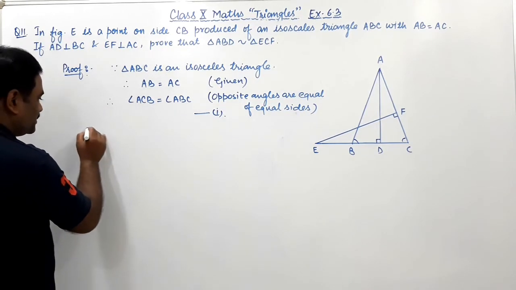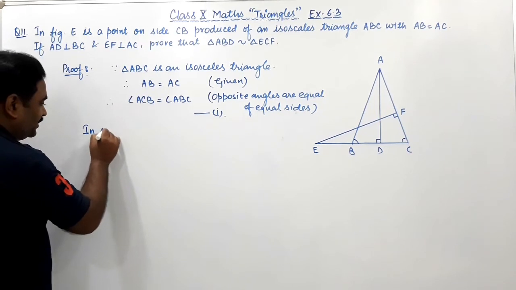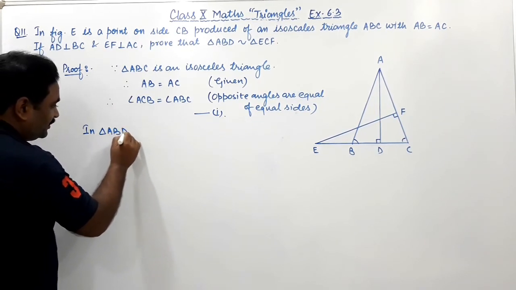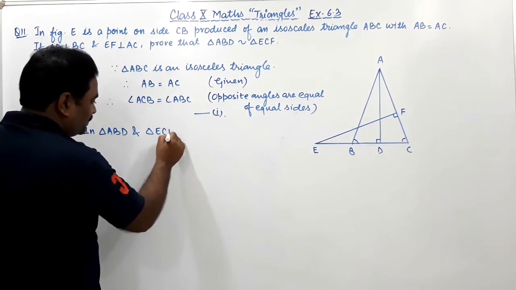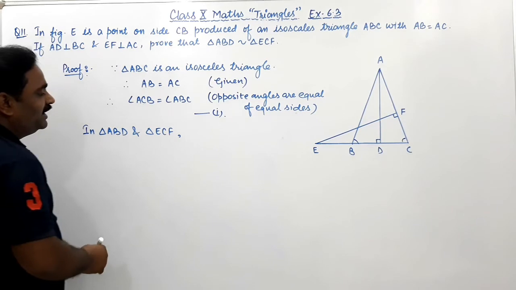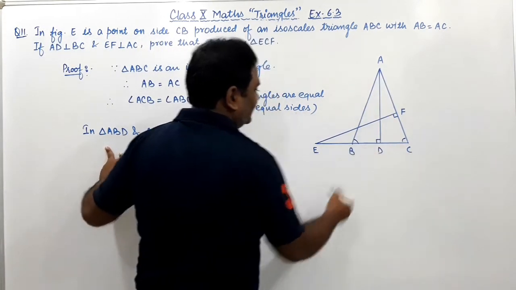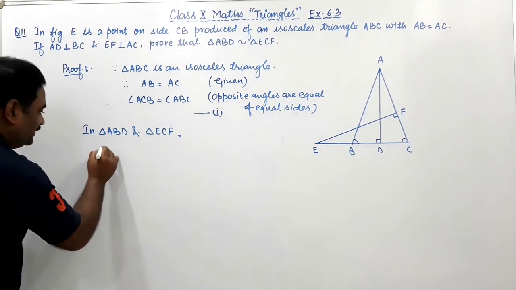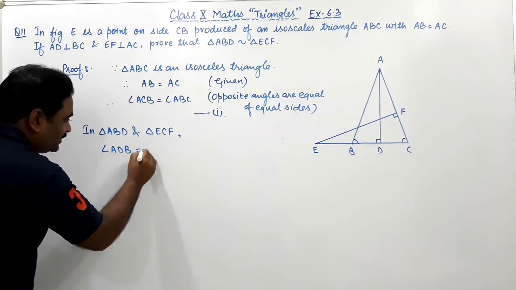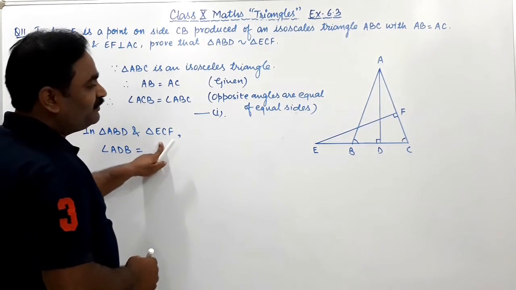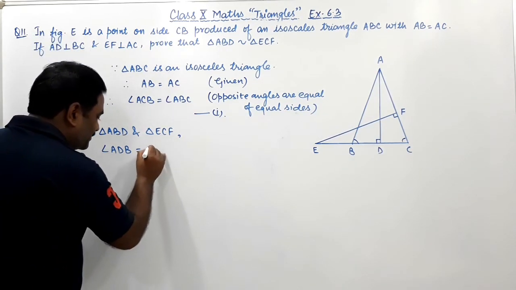Okay, so now in triangle ABD and triangle ECF, these two triangles we are taking. Okay, in ABD angle ADB is 90 degree, and in ECF angle EFC is 90 degree.